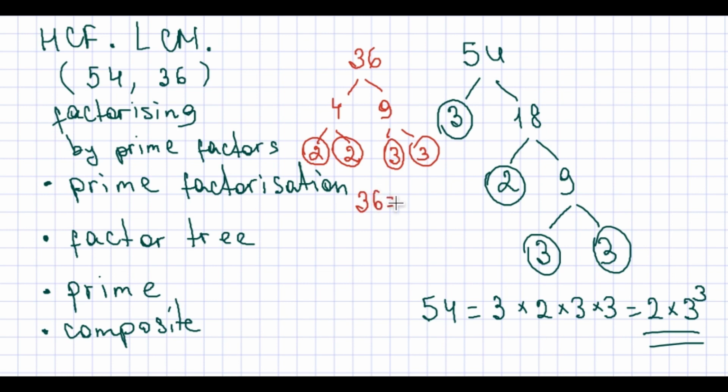Now 36 is 2 times 2 times 3 times 3, or we can write it as 2 squared times 3 squared. So this is the product of prime factors of 36.